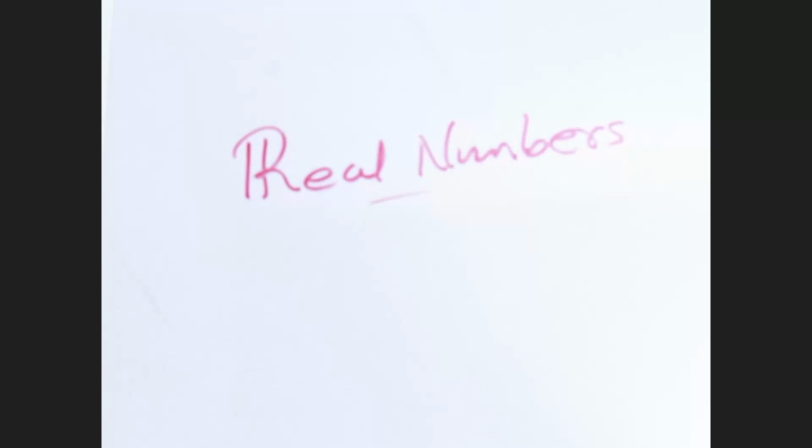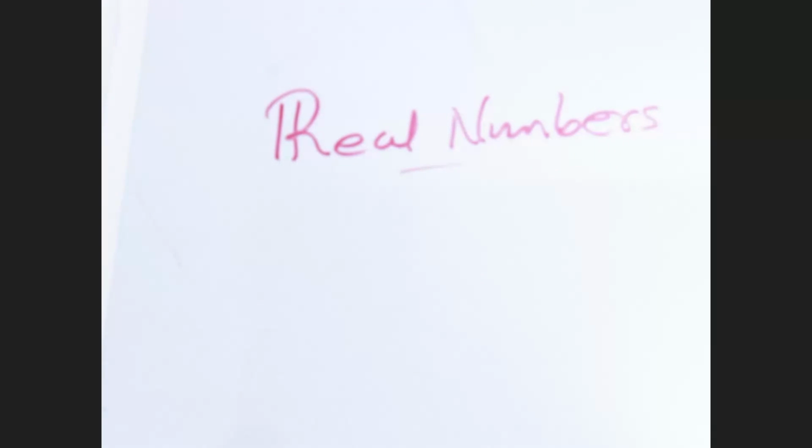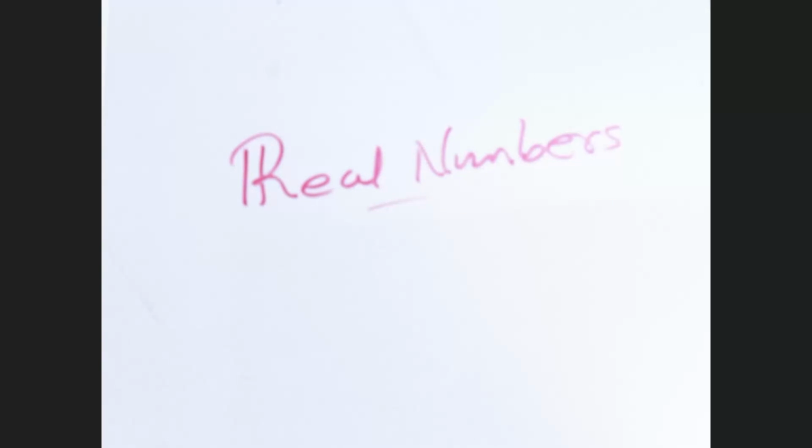So the last group of numbers is real numbers. Real numbers include all the sets of numbers, which means irrational numbers and rational numbers.